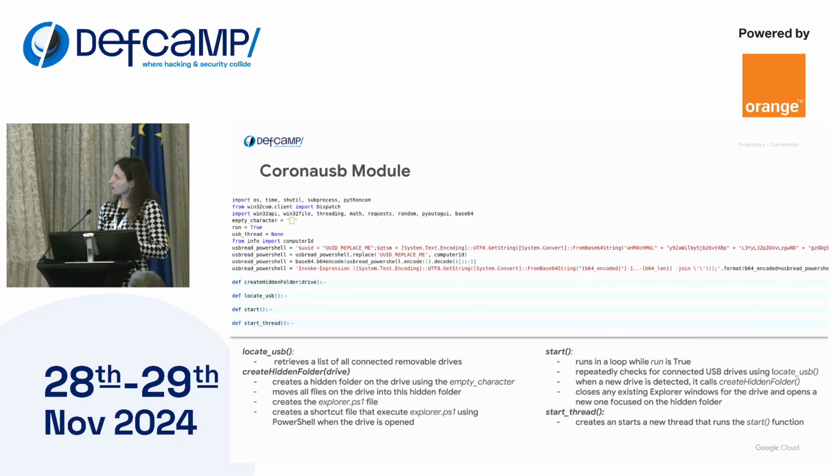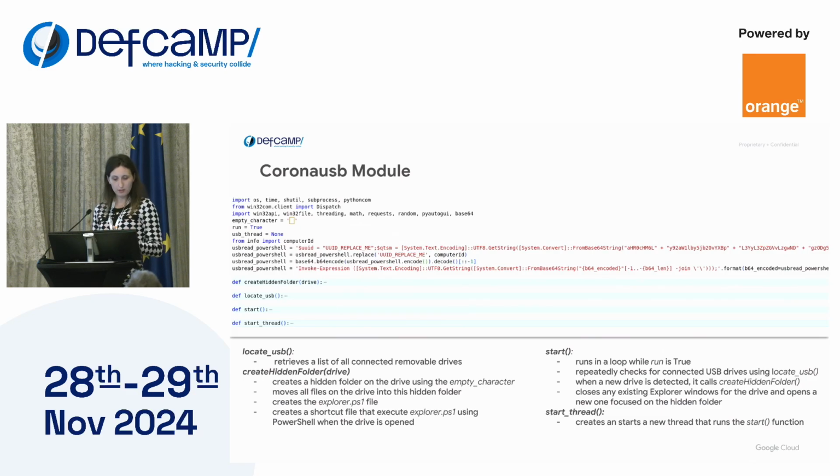And you see different functions. It starts in the start function that runs in a loop, and it's continuously monitoring the host for new connected USB drives using the locate USB function. And whenever a new USB is found, it calls the create hidden folder function, which does all the magic.